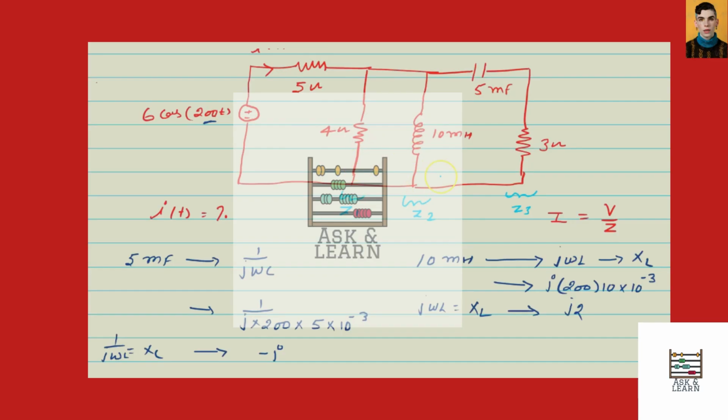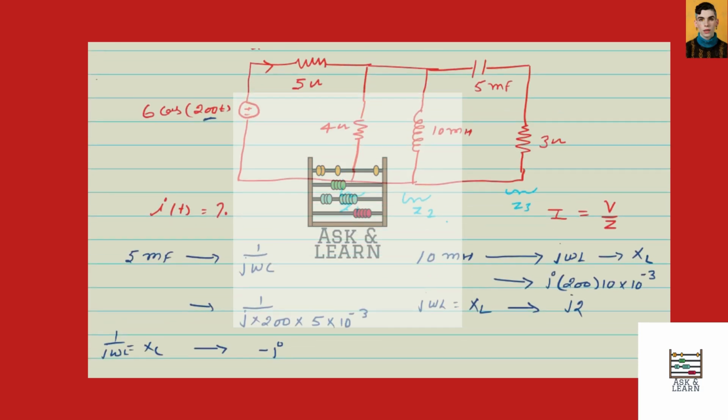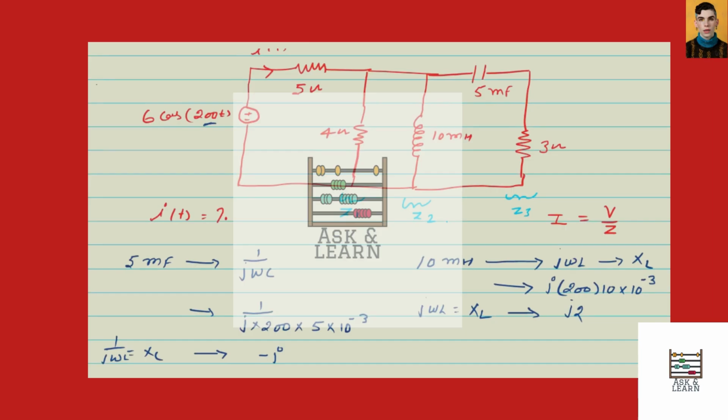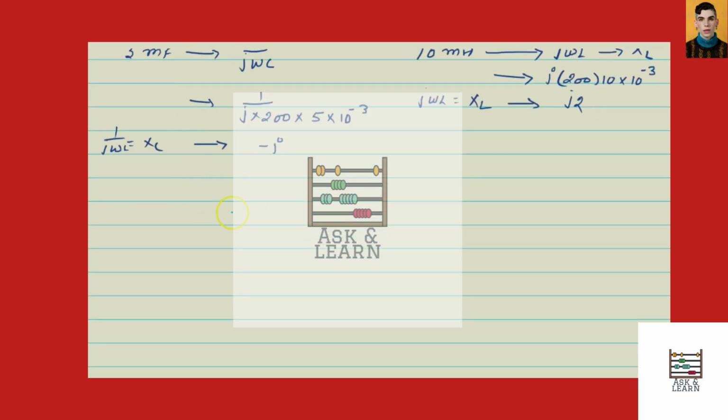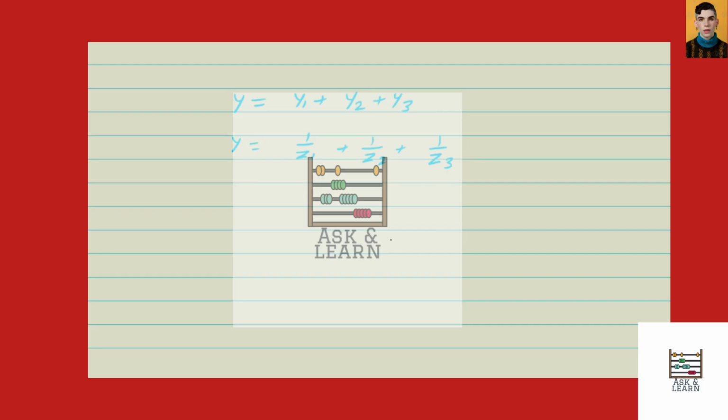We can calculate the impedance of each branch, or we can calculate the admittance of the system. Using admittance, the total Y is Y1 plus Y2 plus Y3 for these three branches, so Y equals 1 upon Z1 plus 1 upon Z2 plus 1 upon Z3.